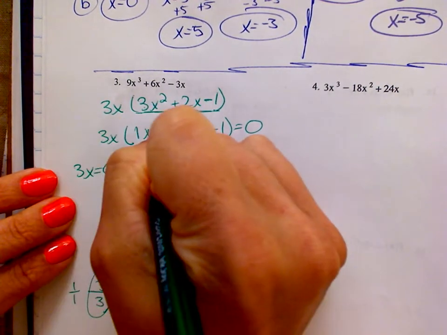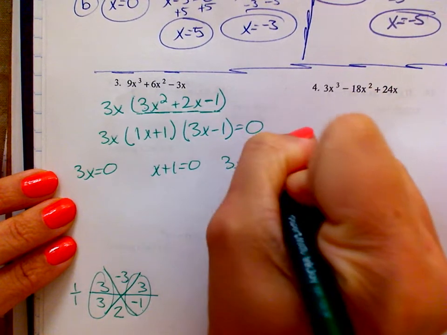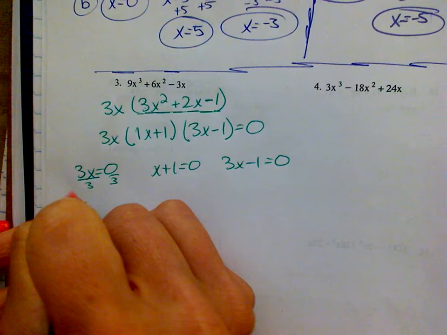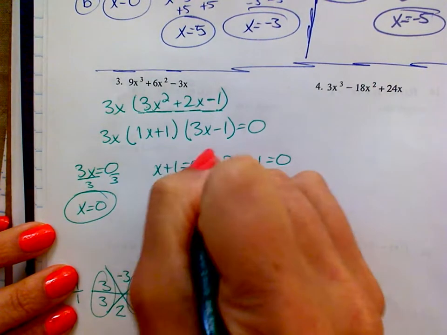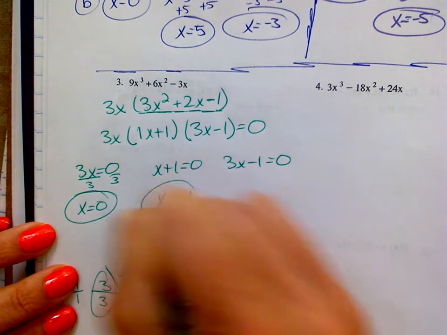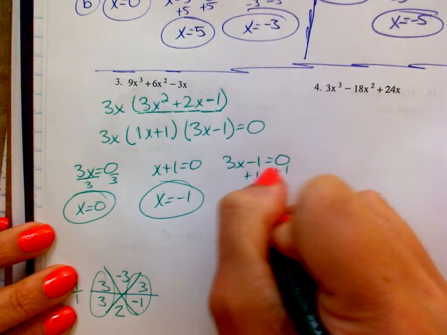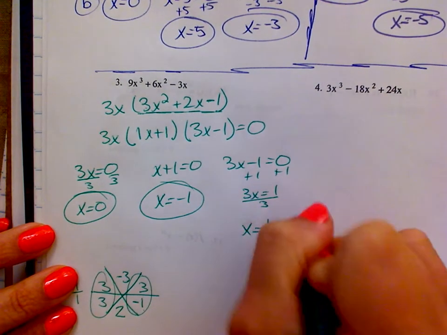So 3x equals 0, x plus 1 equals 0, 3x minus 1 equals 0. Here, divide by 3. 0 is an intercept. Subtract 1 on both sides. We get negative 1. And the last one, we've got to add 1 and then divide by 3. So 1/3 is an intercept.